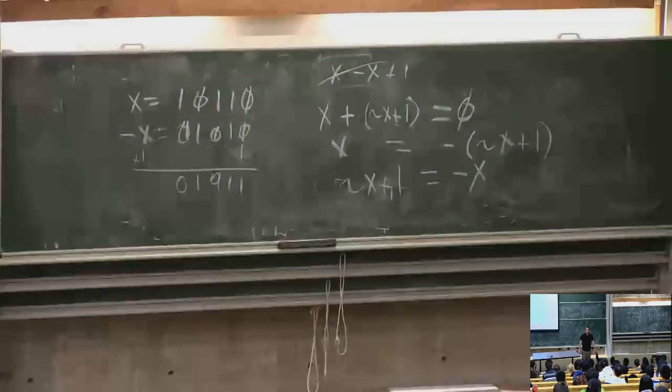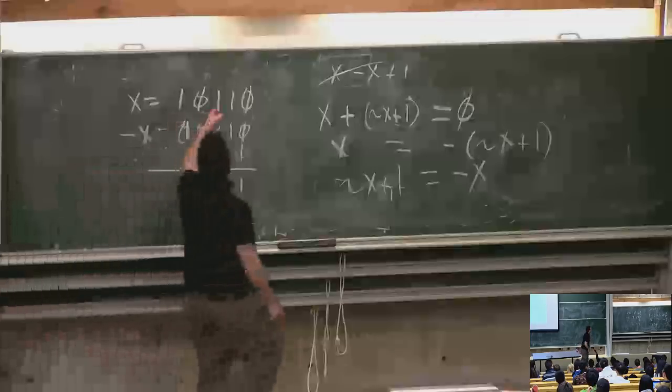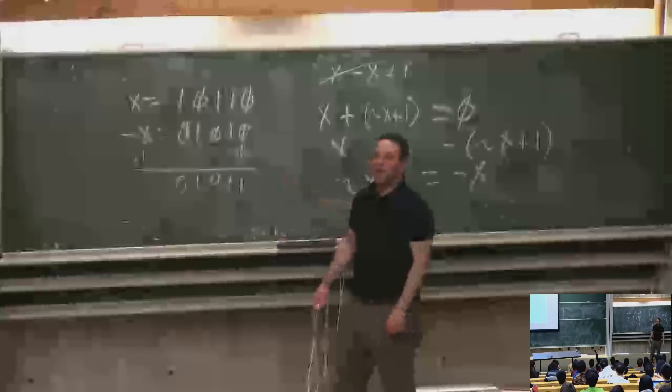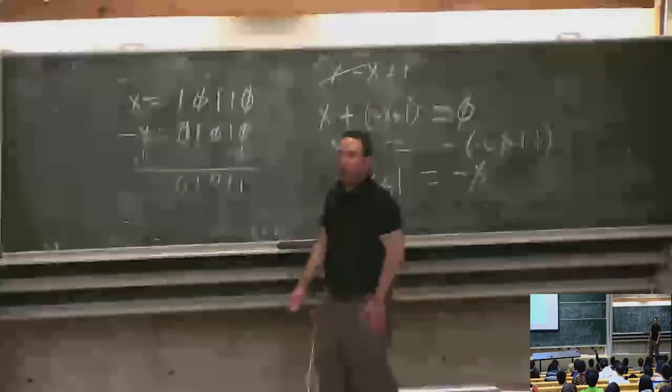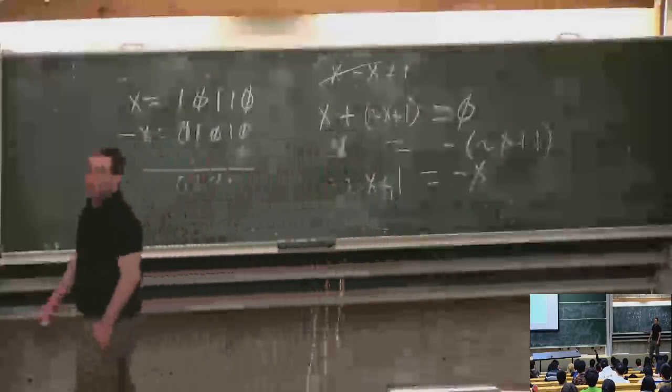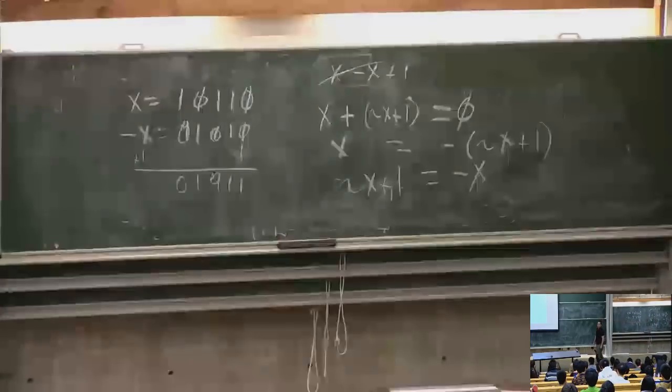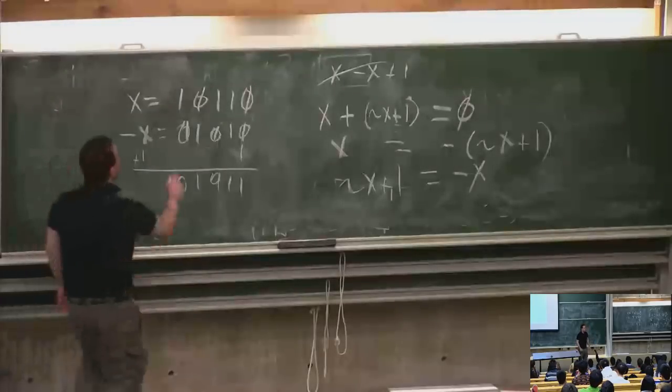The only problem we have with this is distinguishing what is in 2's complement representation and what is in normal representation. Because if I give you a number like 10110, you don't know if that's a positive number or a negative number. You don't know if you should subtract 1 and complement it to find its real value, or if you should take it at face value. So here's what we do.